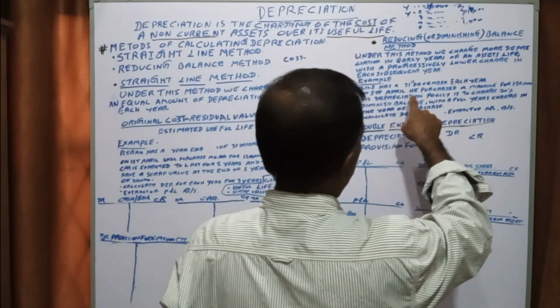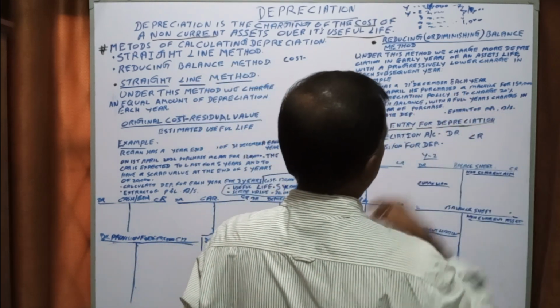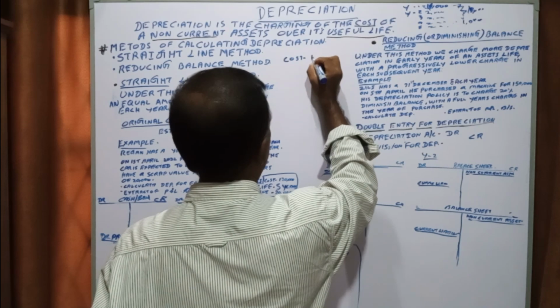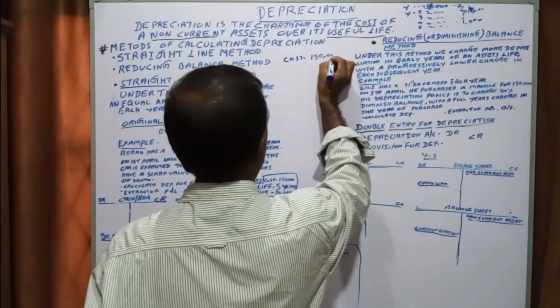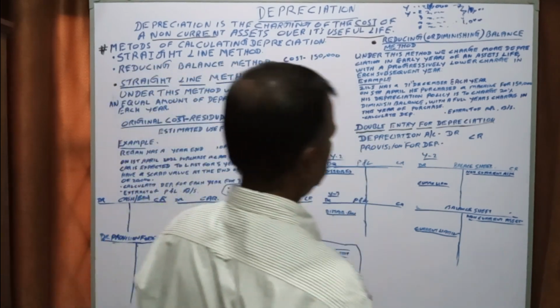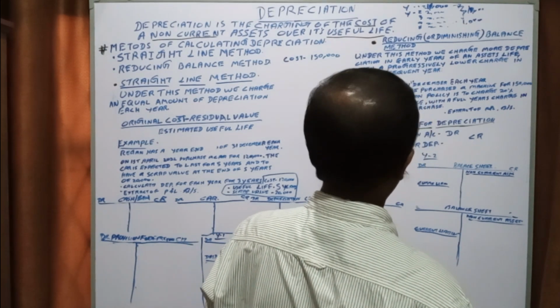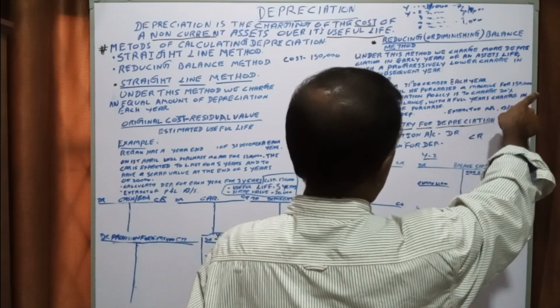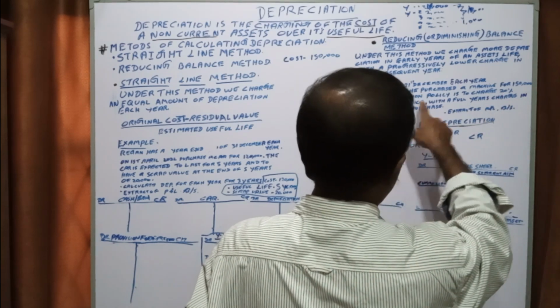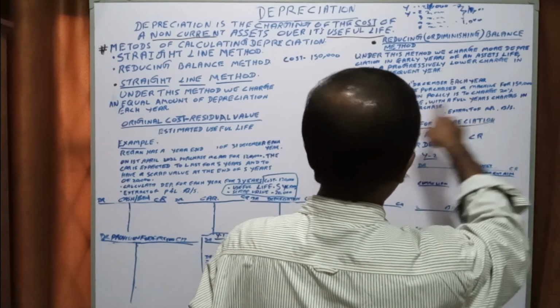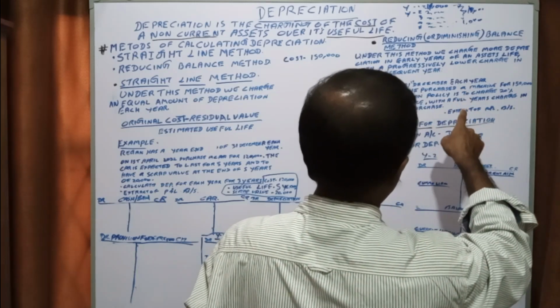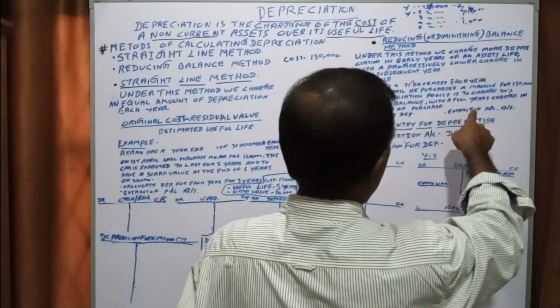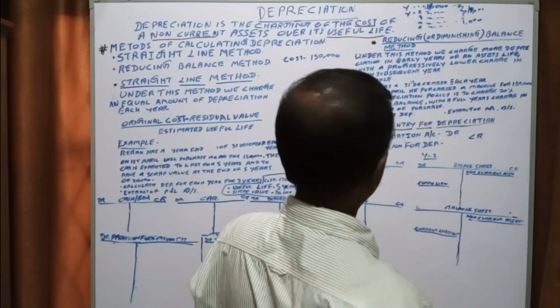On 5th April, he purchased a machine for 150,000. His depreciation policy is to charge 20% diminishing balance with a full year's charge in the year of purchase.